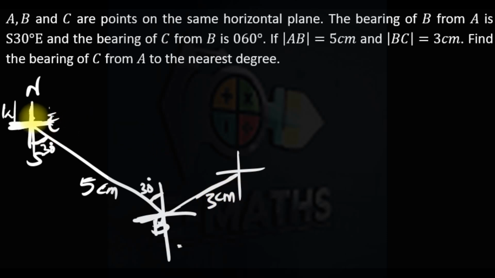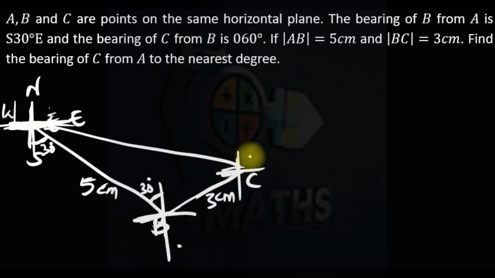So they want us to get the bearing of C from A. So we'll connect A, and so this is vertical, this is east. So that's what we are looking for. We are looking for the bearing of C from A. So this angle from here to here. So let's call it beta.